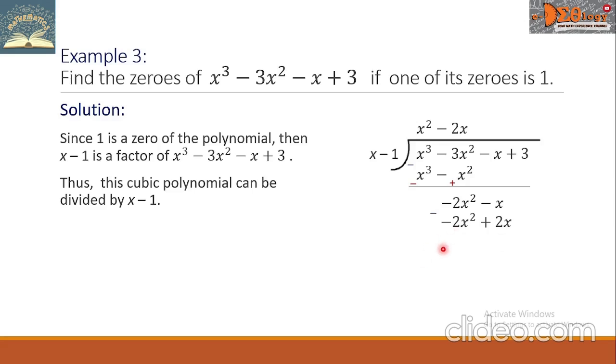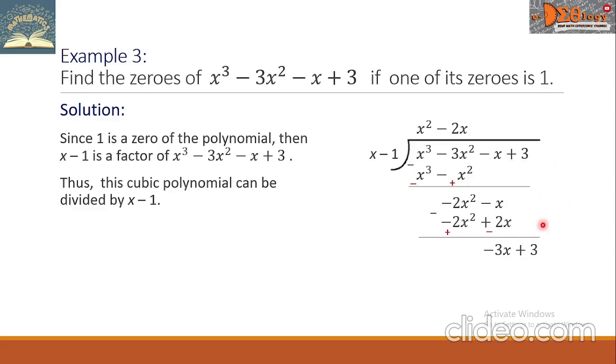We change the sign again of the terms of the subtrahend. The negative becomes positive, the positive becomes negative. Then we proceed to addition. The negative 2x squared plus 2x squared will cancel out. The negative x plus the negative 2x, we will get the negative 3x.